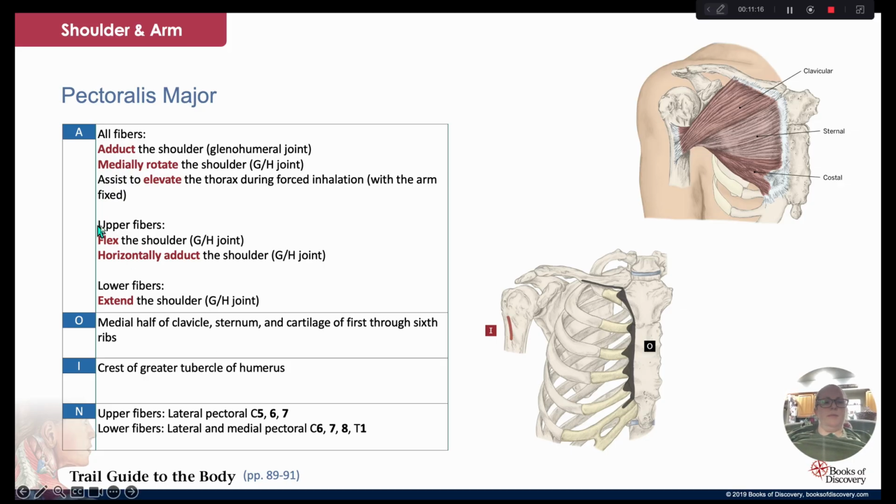All right, upper fibers, we got that, the flexion part. It also will horizontally adduct. So you're horizontally out like this, it'll horizontally adduct, so bringing it back horizontally. Those lower fibers of your pecs are going to help to extend the shoulder. So upper fibers might flex, lower fibers extend.